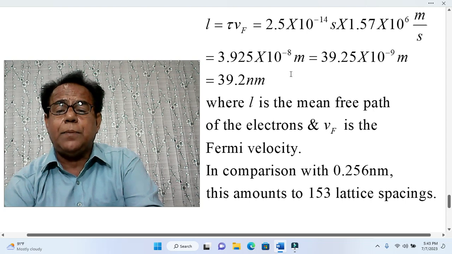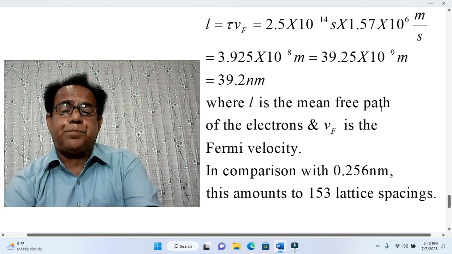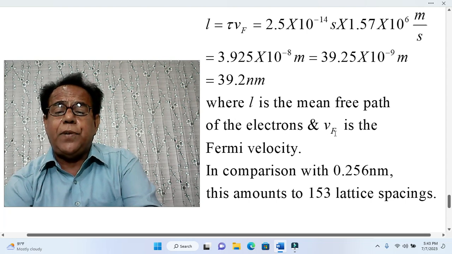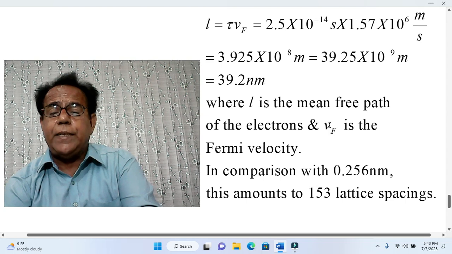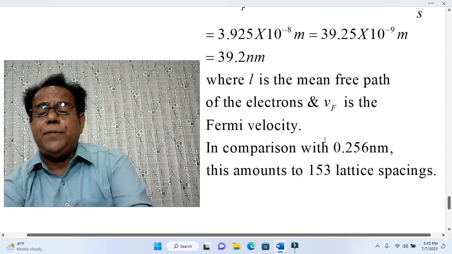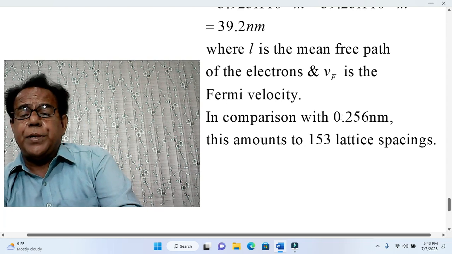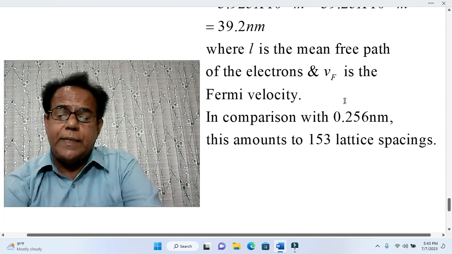This term is appearing for the first time in our problems. Mean free path, where L is the mean free path of the electrons, and Vf, where F is written as a subscript of V, is the Fermi velocity. In comparison with 0.256 nanometer, this value was also given in the table.